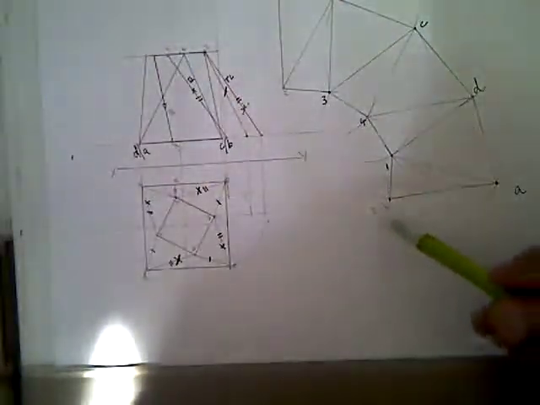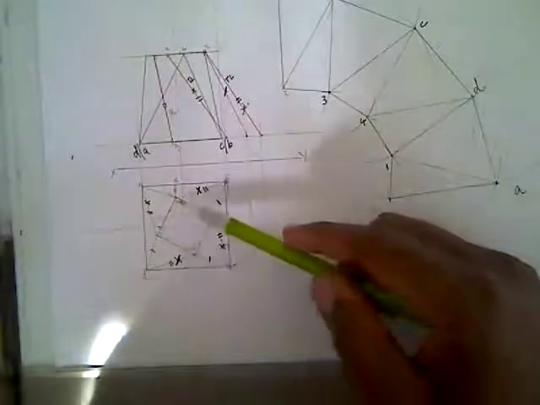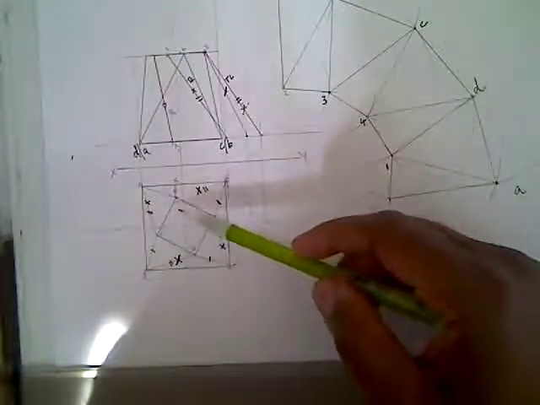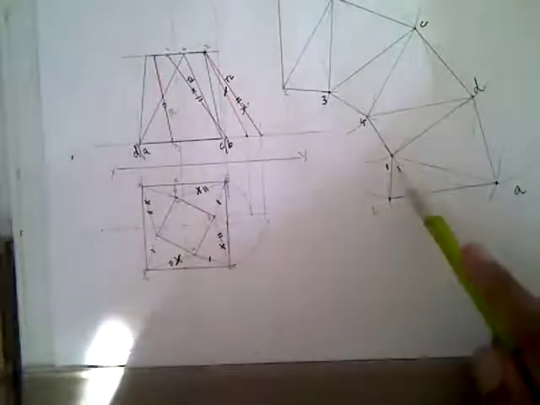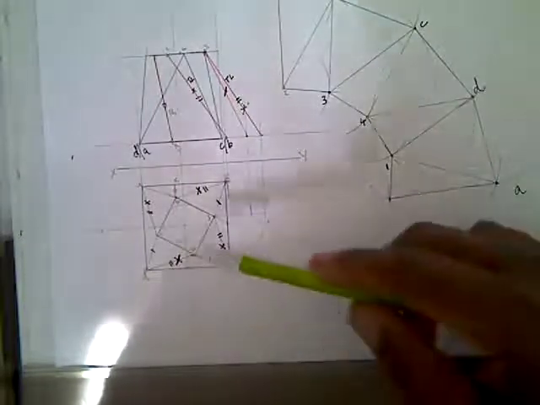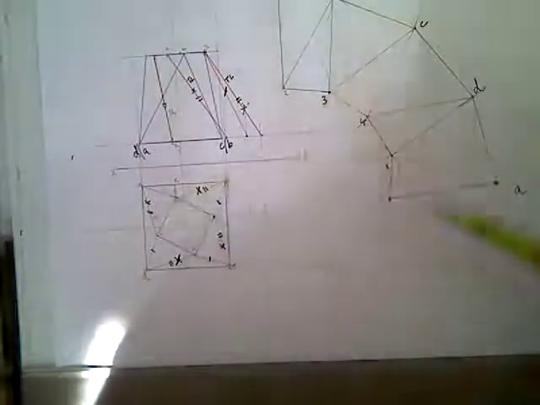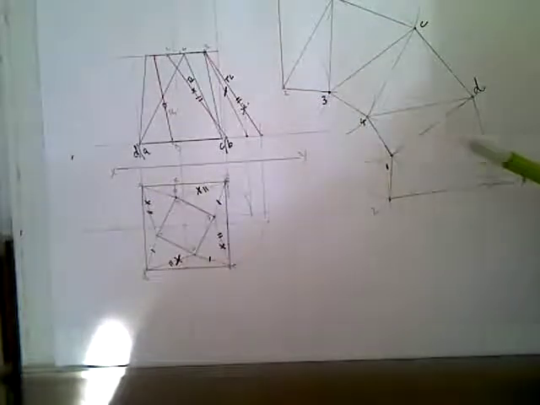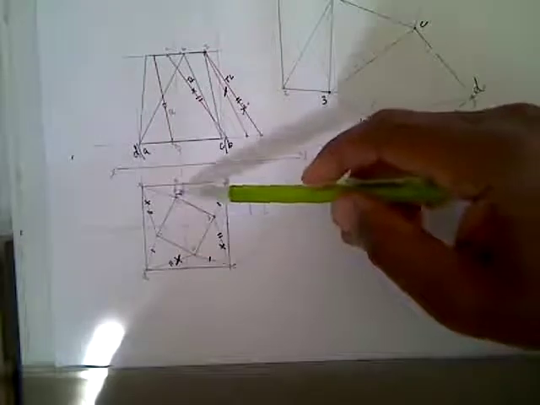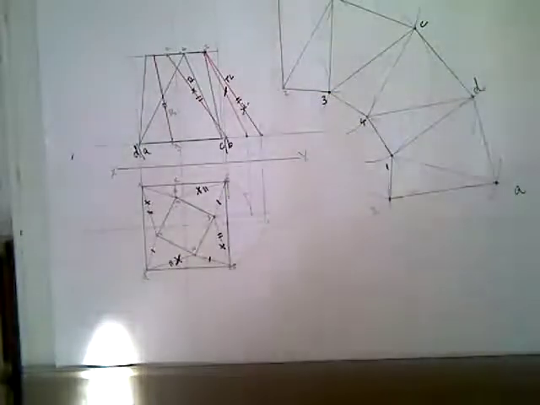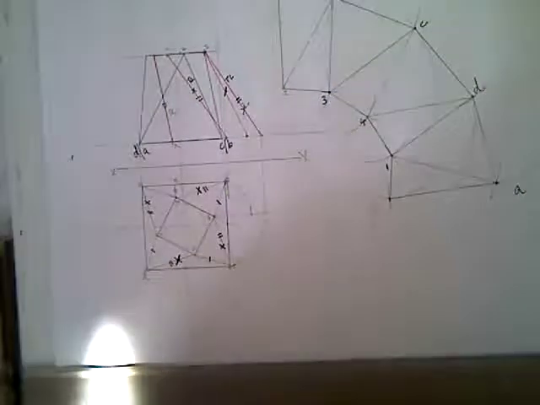Now, there's one piece that is left now. From 2, we have A to 1. Check. A to 1, I've done that. A to 2. What am I doing? Let's check.